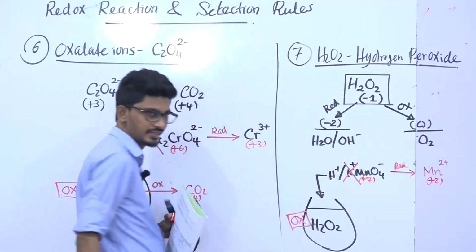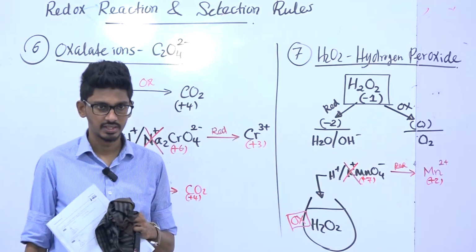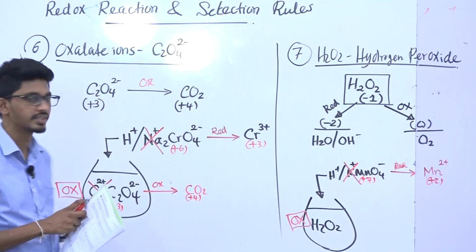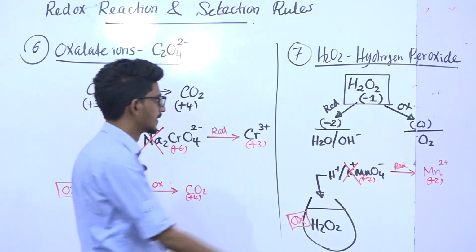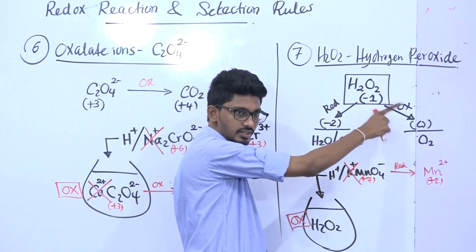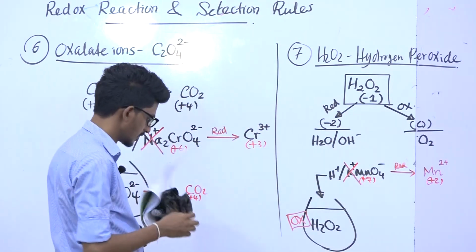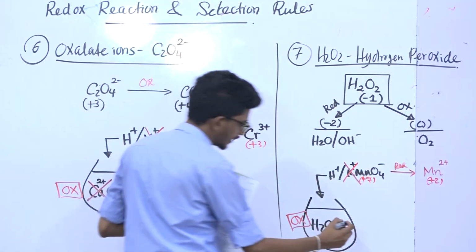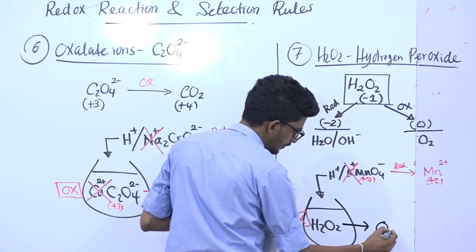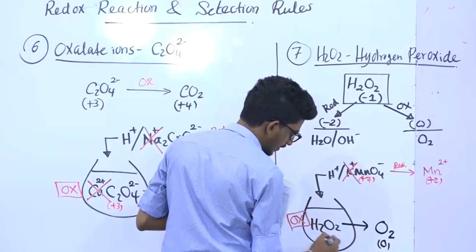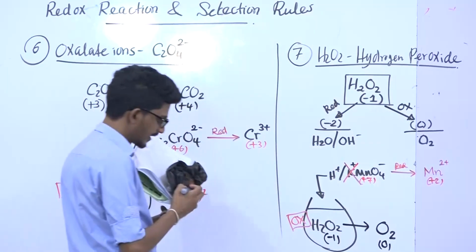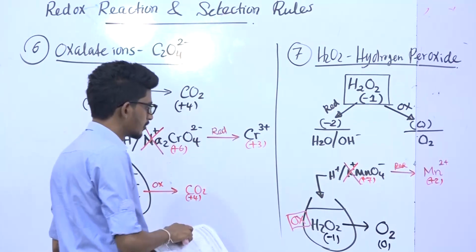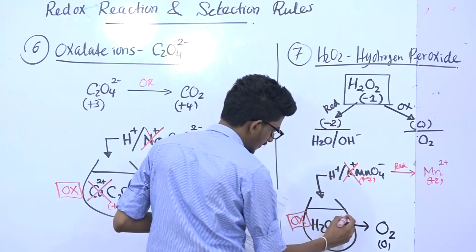Towards what does H2O2 get oxidized? Towards 0. So in this reaction H2O2 will get oxidized to O2, as an oxidation is expected from the H2O2.